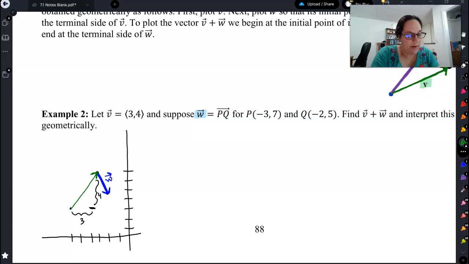And there is my vector V. It has an X component of 3, a Y component of 4, and it ends where W starts. So now if I go from where V is starting to where W is ending, that is the vector V plus W.